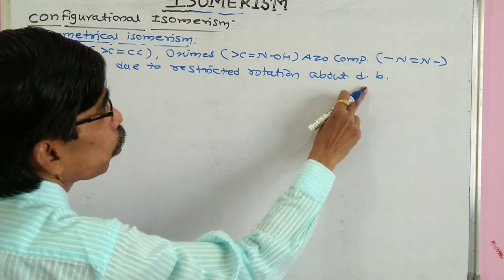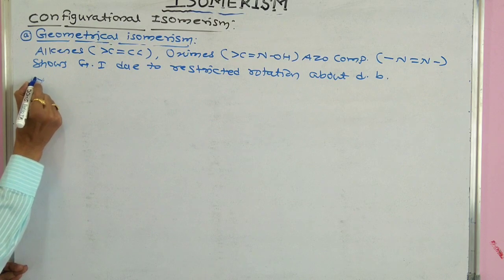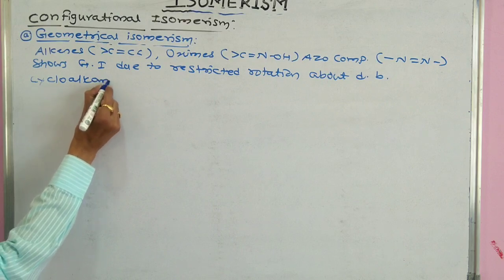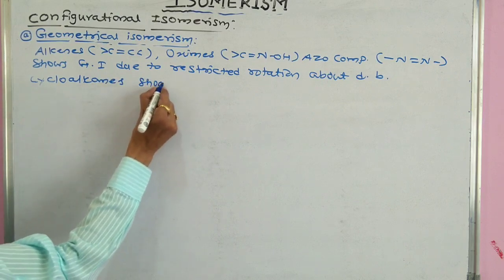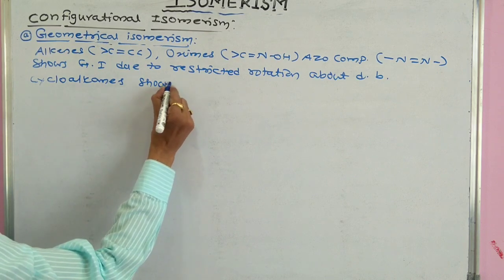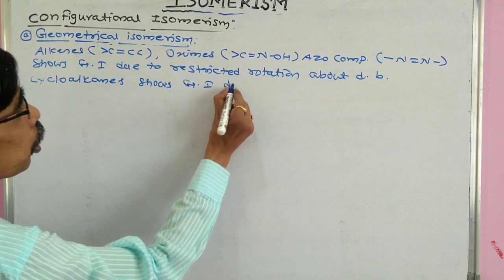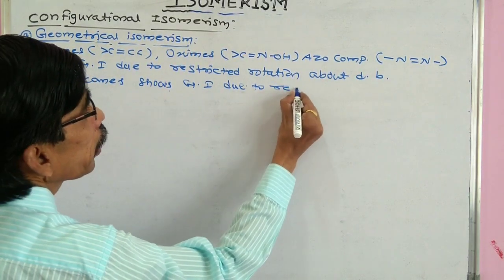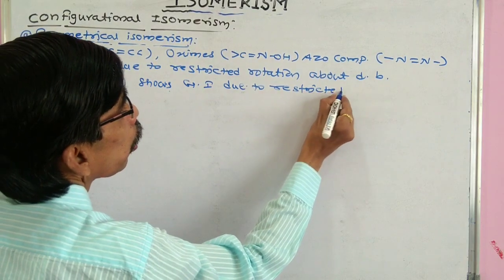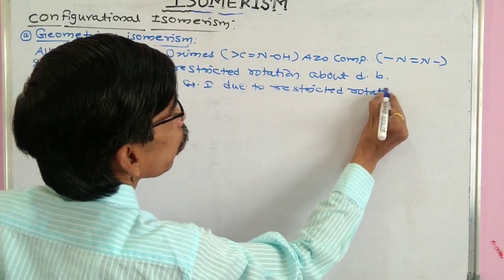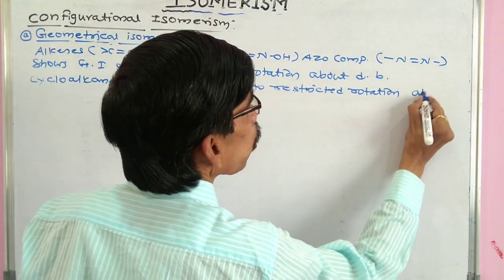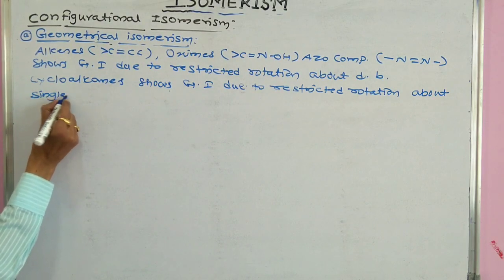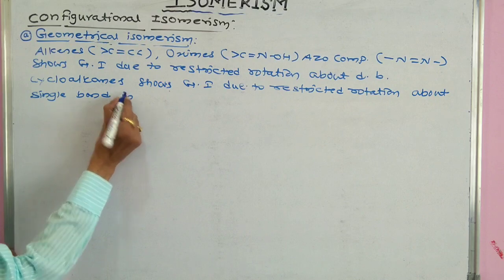Why do these alkenes, oximes, and other compounds show geometrical isomerism? Due to restricted rotation about the double bond. Cycloalkanes show geometrical isomerism due to restricted rotation about the single bond in the ring.